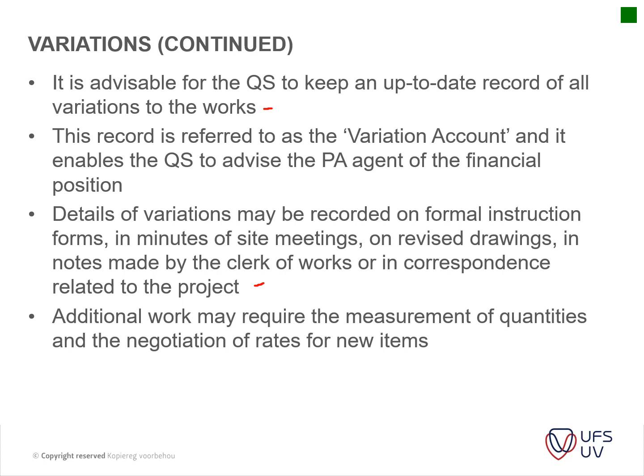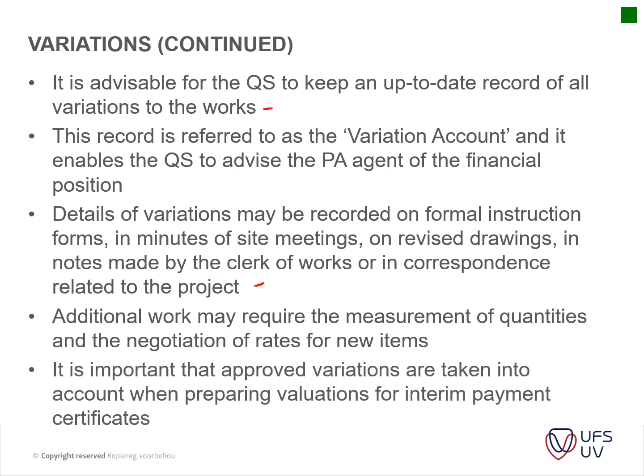Whereas if you've got a new item, for instance, changing the door frames from a steel door frame to a wooden door frame, that will constitute new rates to be provided by the contractor, and that's usually negotiation between the QS and the contractor. Contractors usually try and load as much as they can onto those items, whereas the QS wants to keep it as low as possible.